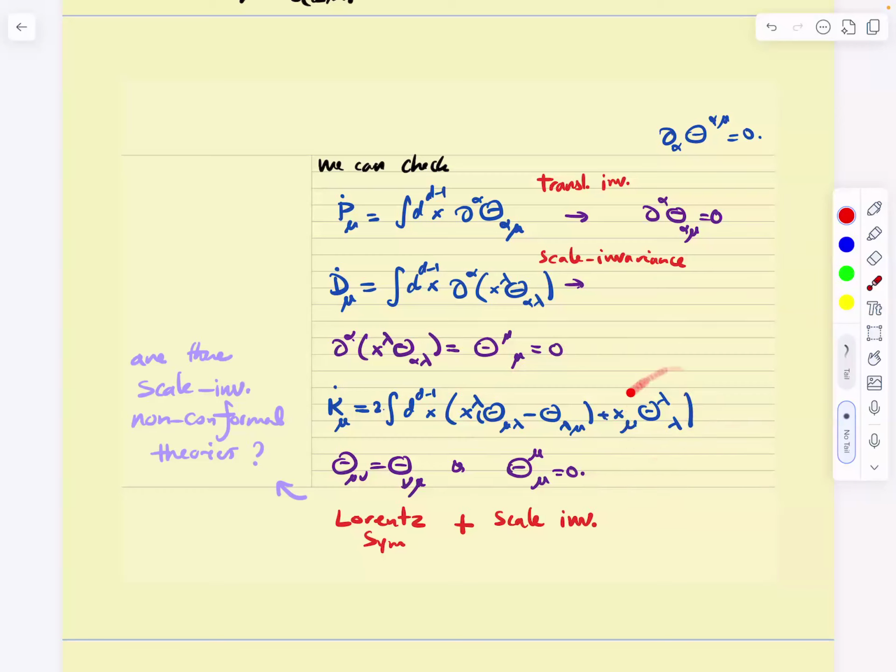Scale invariance will tell you that this term will vanish, so this goes away. Lorentz invariance tells you that theta mu lambda will have to be symmetric. So the conservation law of K mu is classically implied by scale invariance and relativistic symmetry.